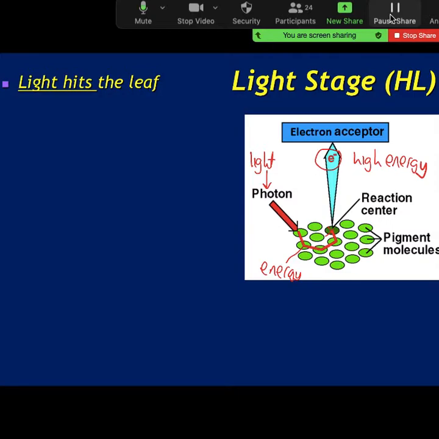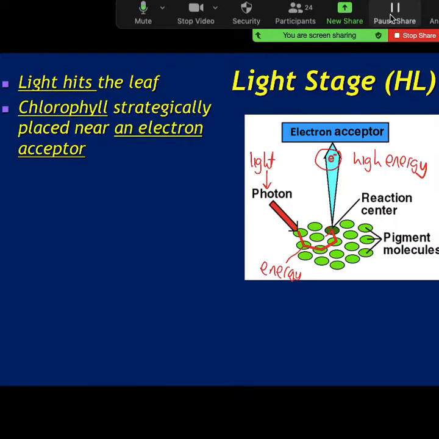Once the energy gets to this reaction center, the high energy electron is going to be picked up by an electron acceptor and taken on a journey. In terms of the blurb that you need to know: light hits the leaf. The chlorophyll is placed near an electron acceptor.